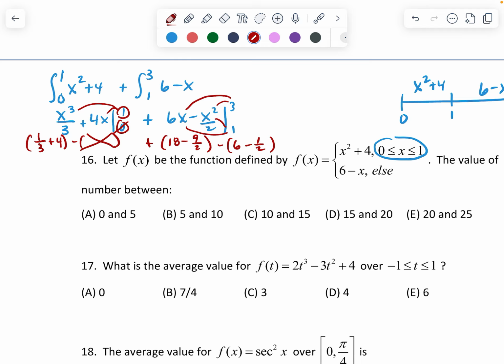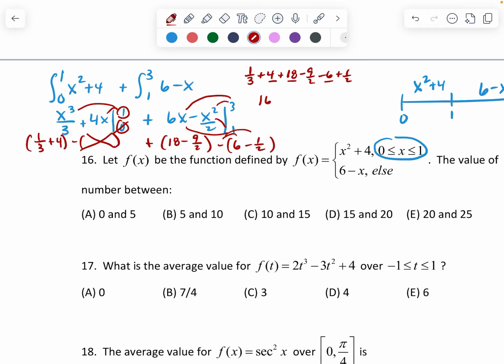Okay, so technically I have this big old string of numbers. I've got 1/3 plus 4 plus 18 minus 9 over 2. Then if you distribute that negative, I have minus 6 plus 1/2. Okay, let's add all the whole numbers here. I have 4 plus 18 is 22. 22 minus 6 is 16.